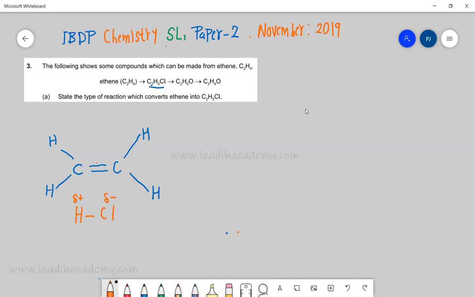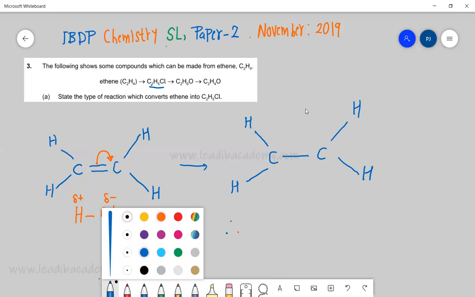This double bond is a pi bond, so the pi bonded electrons are delocalized. They are quite loosely bonded, because of the weaker bond, so they will get shifted to one of the carbons. Let's see what structure we will get. We will get something like this: H, H, H. This carbon will turn out to be negative.